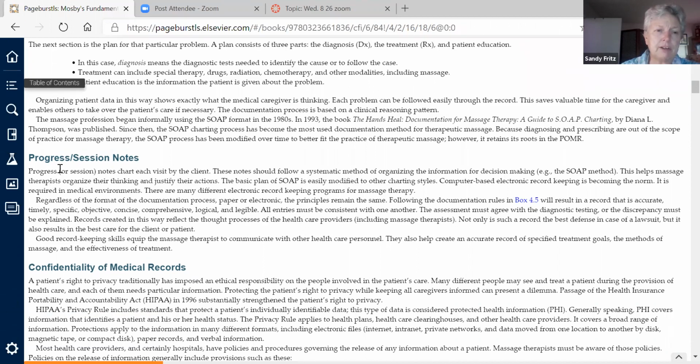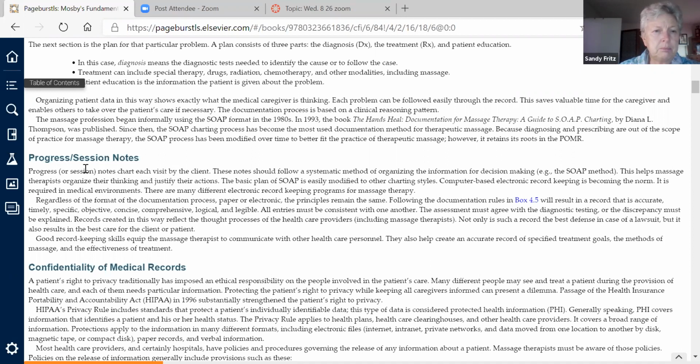So every time you see a client, you would have a progress note that would follow, for us, a SOAP note format. And I have also turned that into a checklist type system so that you can see how that type of documentation process can be incorporated.